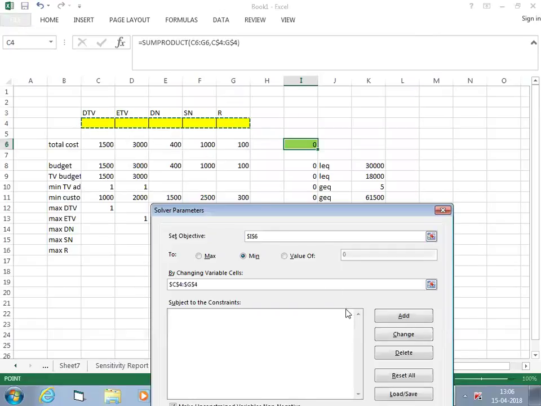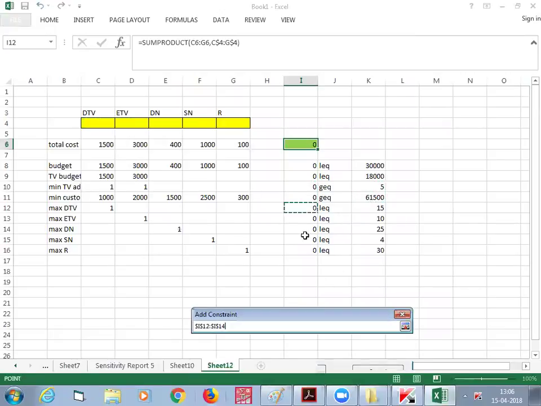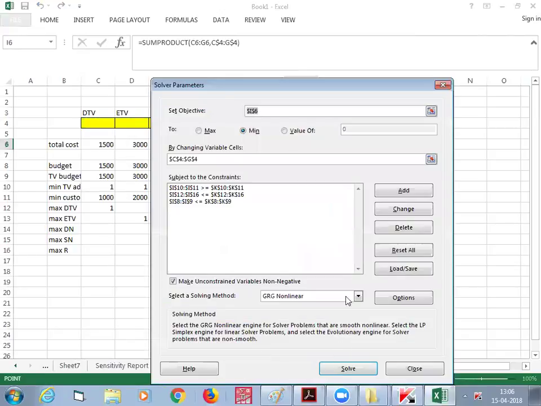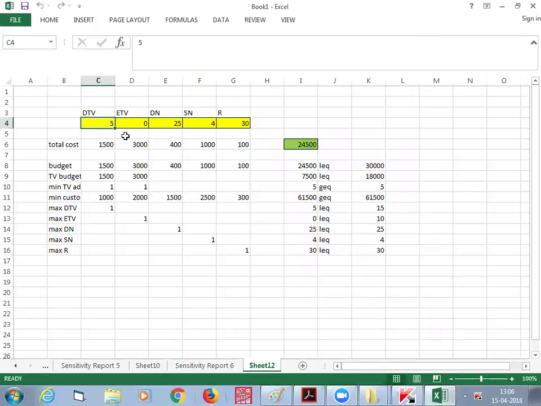These are the variables. First 2 are less than or equal to these 2. These 2 are greater than or equal to these 2. And these last 5 are less than or equal to these last 5.